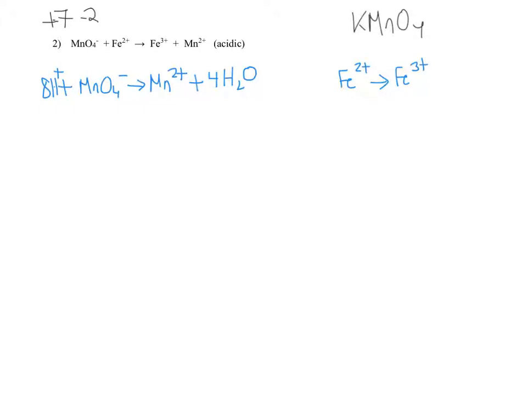I've been pestering you all year about how you can't create matter, you can't destroy matter. So how come we're just randomly adding waters and H+? How is this possible? Are these just coming out of nowhere? Well, of course not. This is an acidic solution. Do you remember what an acidic solution means?